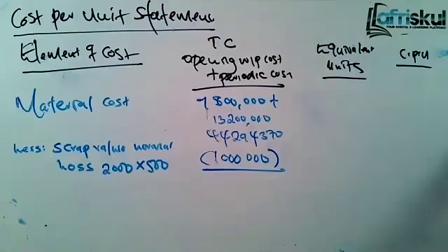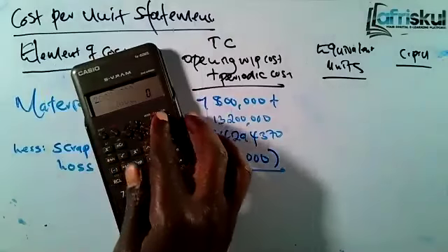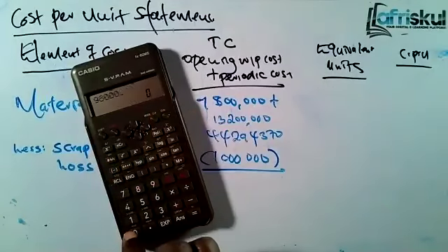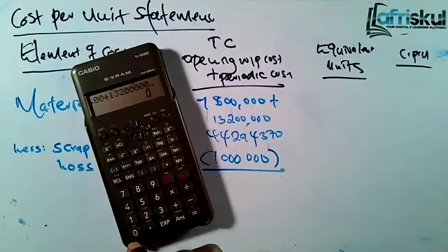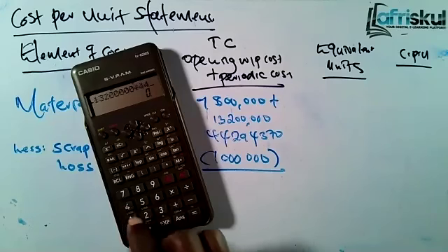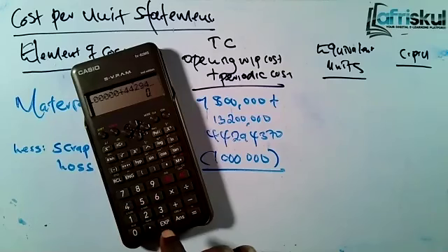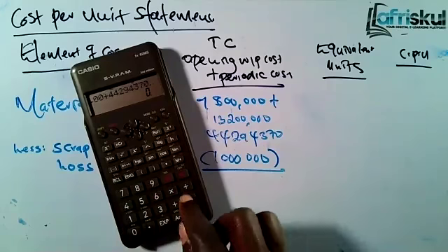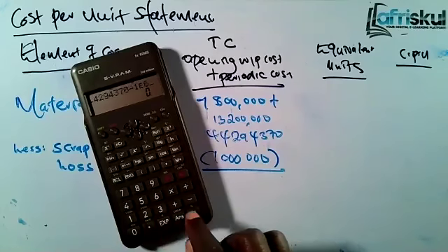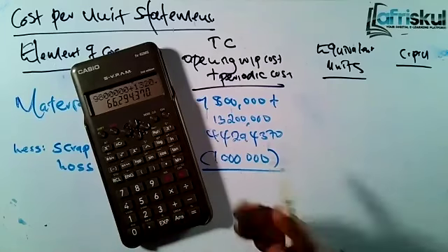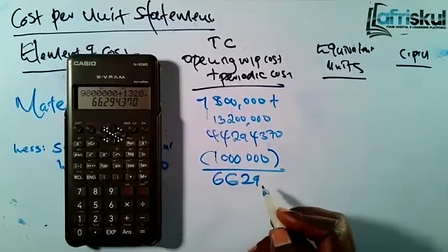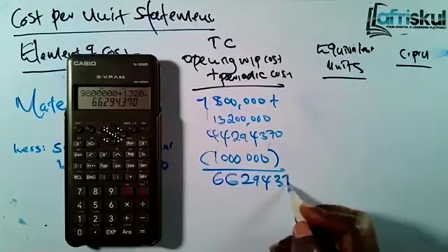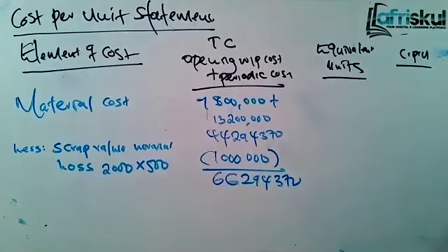So we add together 9,800,000 plus 13,200,000 plus 44,294,370 minus 1 million. That is 66,294,370. That is for material.